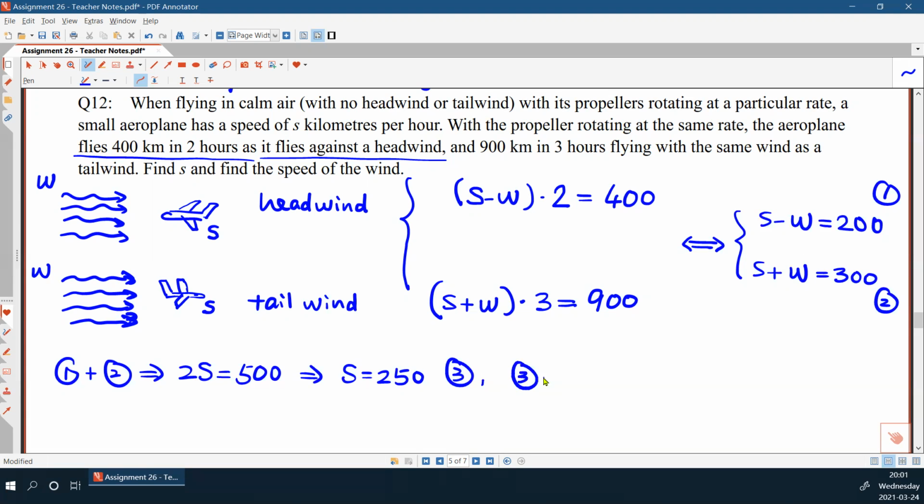Then you can put number 3 into the first equation. This will give us W is 250 minus 200. Of course, W is 50, right? Don't forget the unit. The unit of the speed here is kilometers per hour.